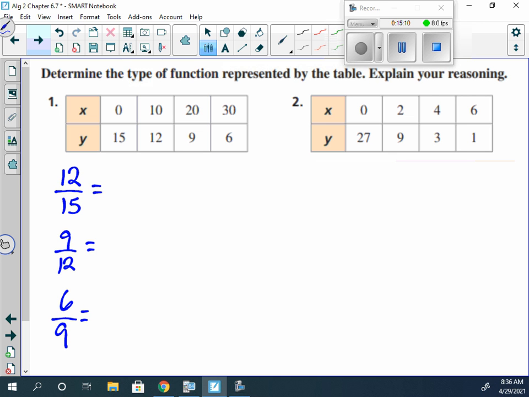So 12 over 15 would be? So is there a common ratio between these here? No. So let's see if there's a common difference.